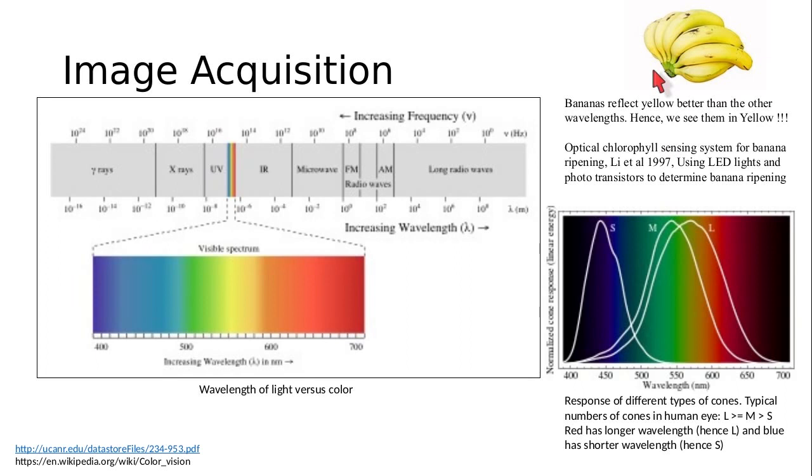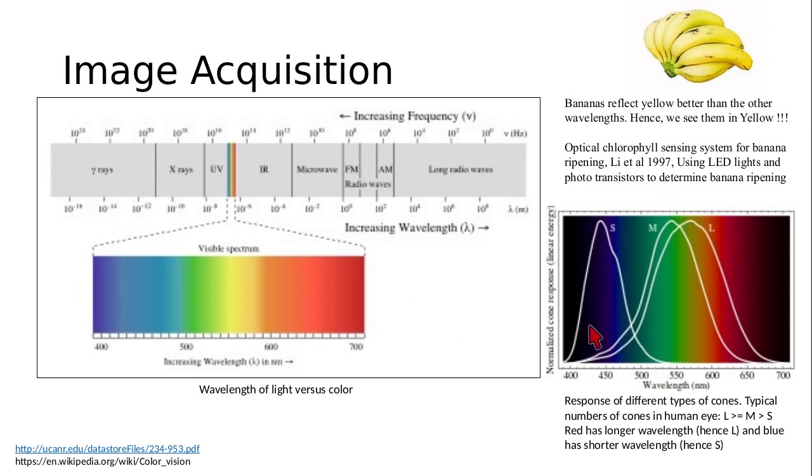Hence we see them as yellow. In fact, this principle of various food items reflecting different colors of light has been used to determine whether a food product has ripened or not. You can go through a paper by Lee et al. in 1997, which used LED lights and phototransistors to determine whether bananas were ripe or not.